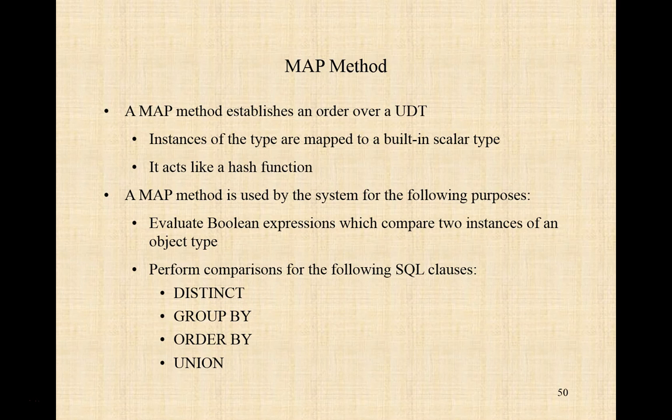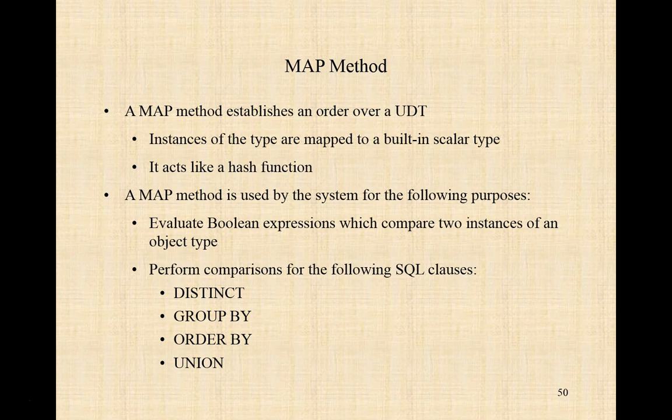They could also be of a data type from ANSI SQL, such as character or real. So what does the map method do? Well, instances of the type are mapped into some built-in scalar data type. So what is going to be returned by the map method would be one of these built-in data type values. It kind of acts like a hash function.